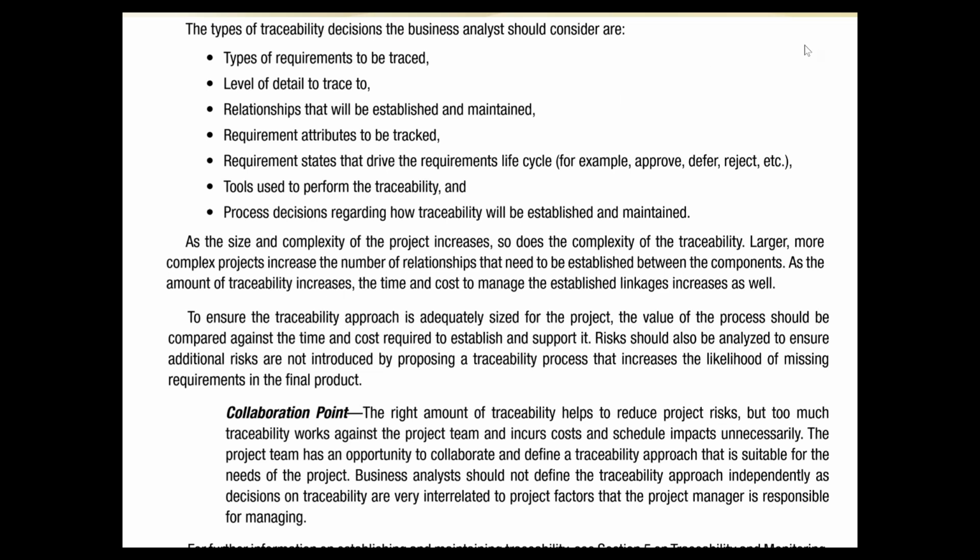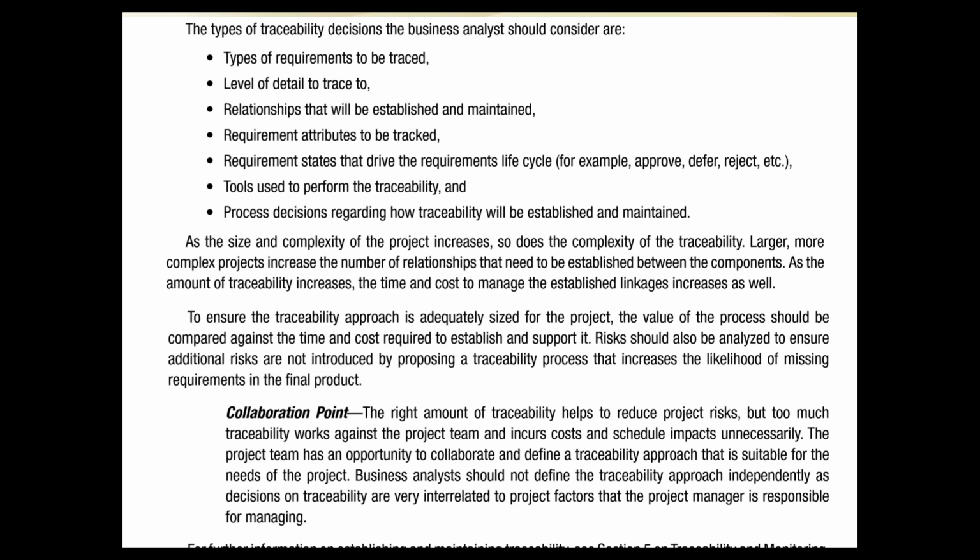Okay. So as the size and complexity of the project increases, so does the complexity of the traceability. Larger, more complex projects increase the number of relationships that need to be established between the components. As the amount of traceability increases, the time and cost to manage the established linkages increase as well.